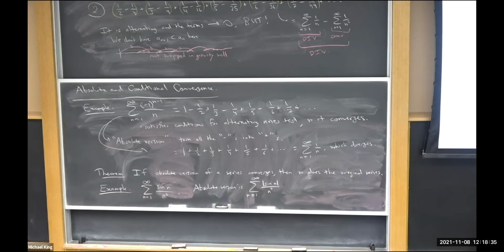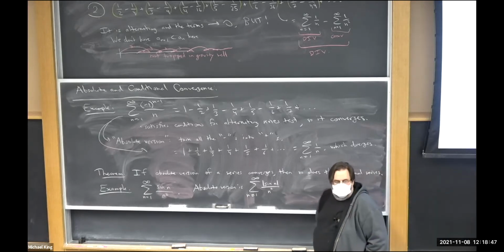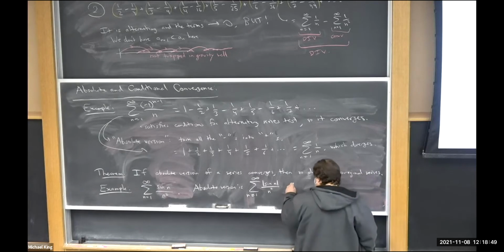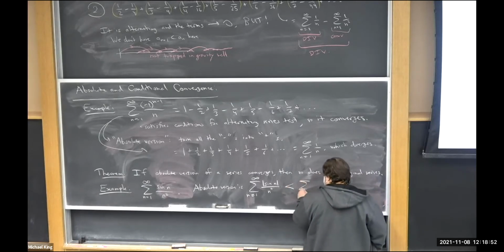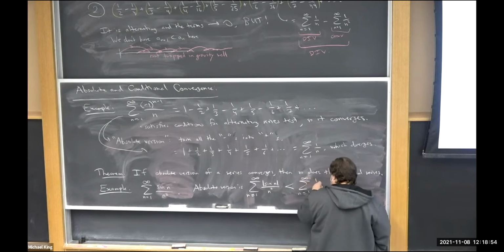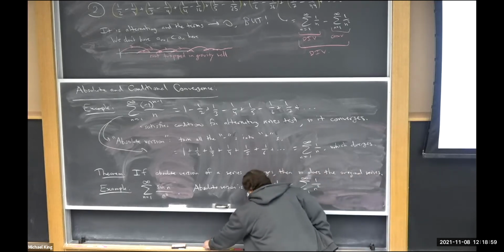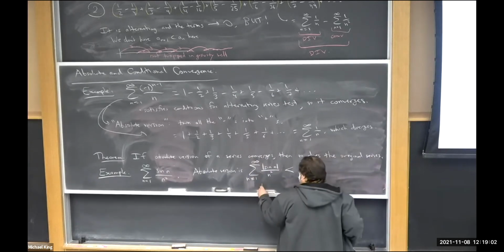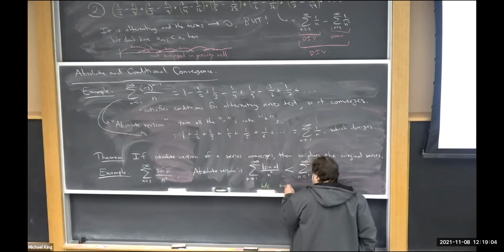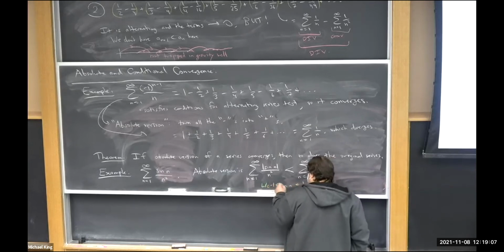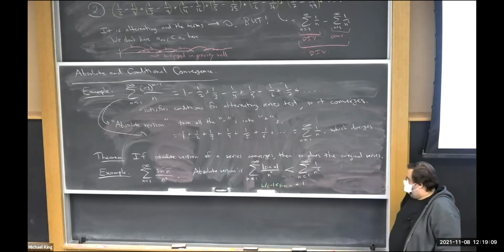What do we know about sine? The values of sine, what are they trapped between? -1 and 1. So the absolute value is going to be between 0 and 1. So in fact, this is less than the series 1 over n squared, because sine of n is between 1 and -1, so the absolute value of sine is between 0 and 1.